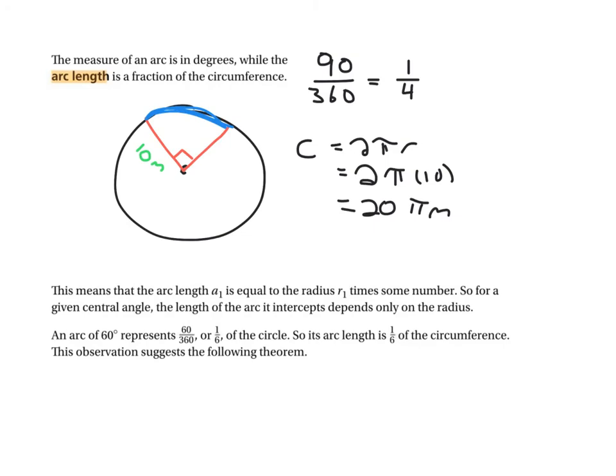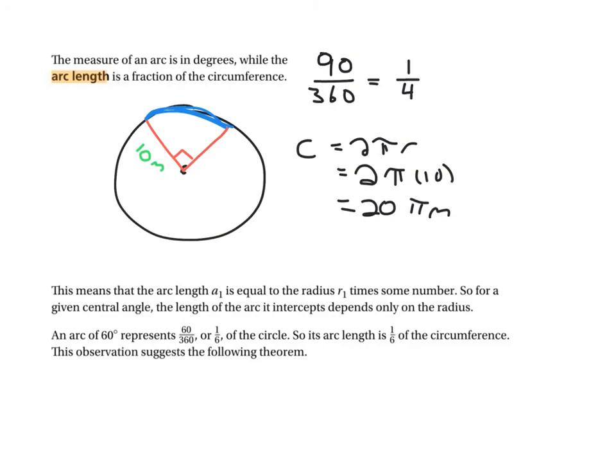Now, if we are only talking about the blue portion, which is 90 degrees for a central angle, what amount of length is that? Well, 90 over 360 is 1/4 of the circle, so we want to take 1/4 of the circumference, so we're going to find that arc length.